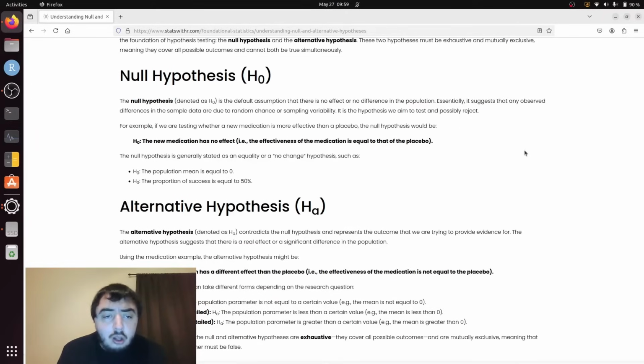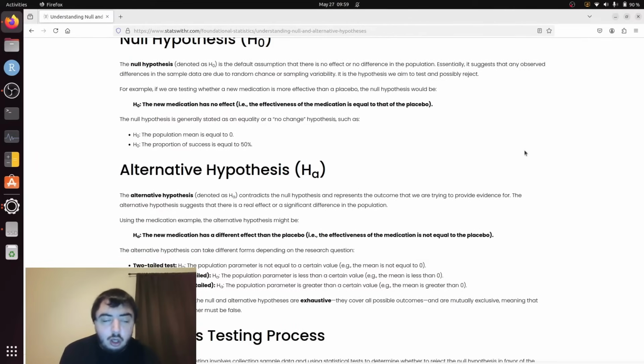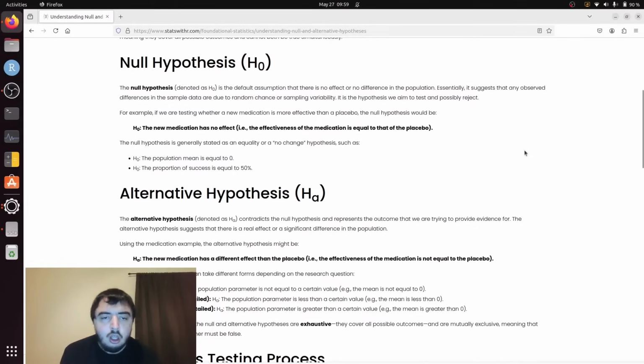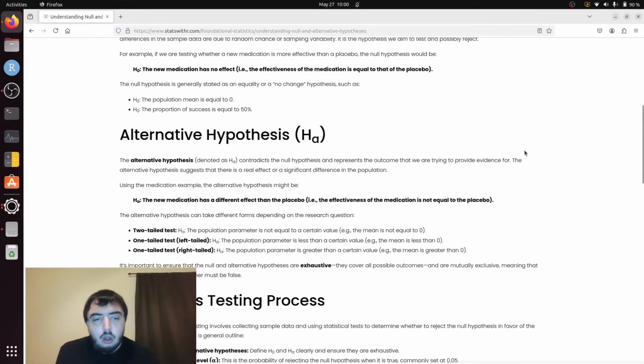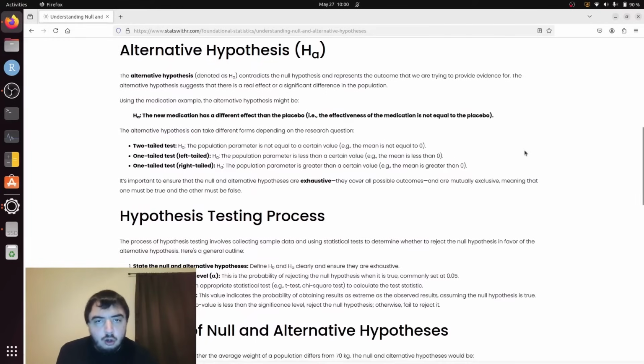The null hypothesis will be that the difference is less than or equal to 0, and then the alternative would be greater than 0. Or going the other way, if we expected worse test scores, the null hypothesis would be greater than or equal to 0, and then the alternative would be less than 0.